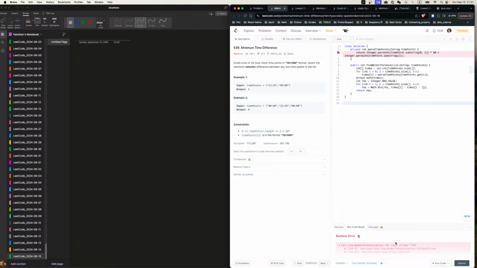String format error. Oh, my bad. So 3, if it's 0, 1, 2, 3. Yeah, my bad. I forgot there's a colon in the middle.